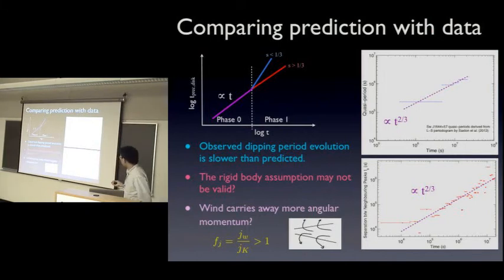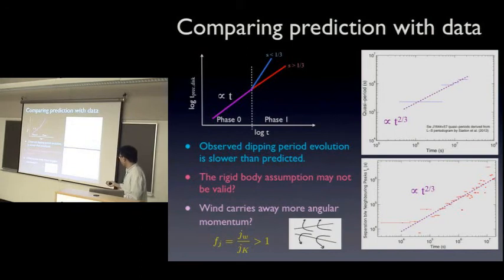So this slight discrepancy is bothering us a lot, and maybe the solid body assumption is not valid. Recently we were thinking of another possibility, which is that the wind can carry a little bit more angular momentum than the material that may remain in the disk.